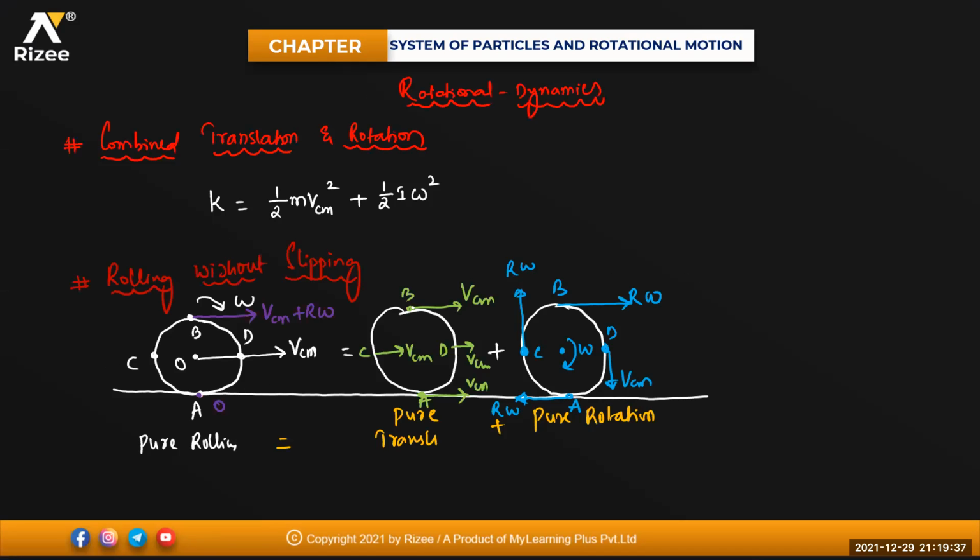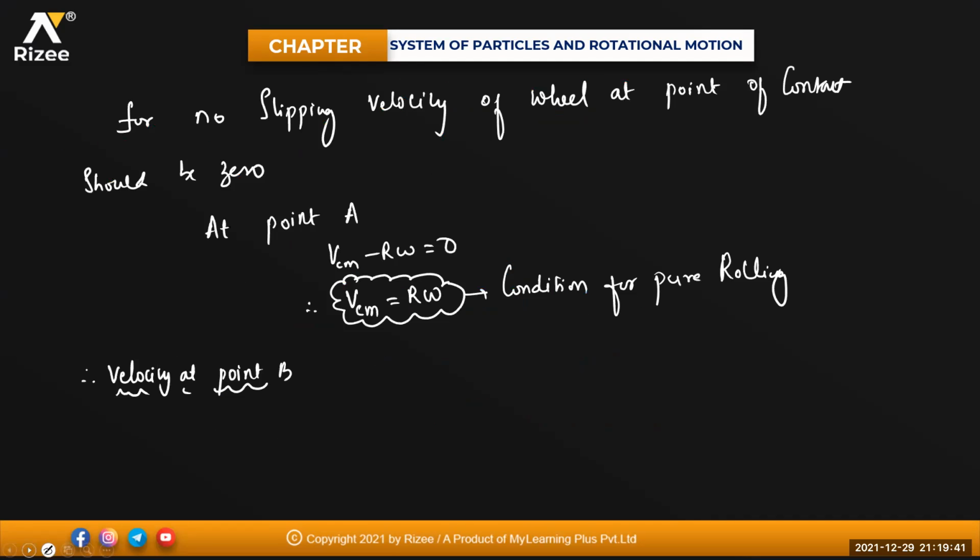See, at point B, due to translation it is VCM, and due to the rotation it is also R omega, which equals VCM. That means velocity at point B will become 2 times VCM or 2 times R omega.